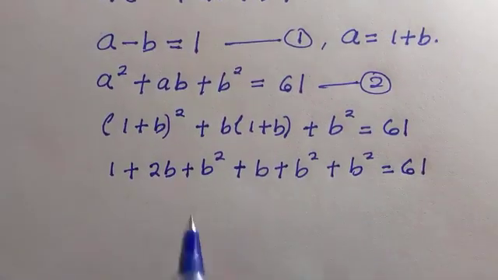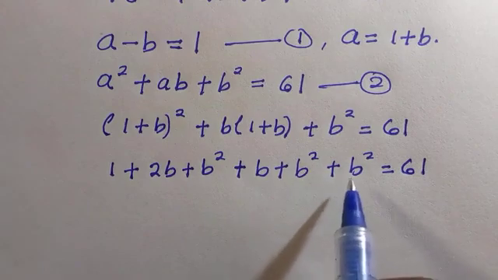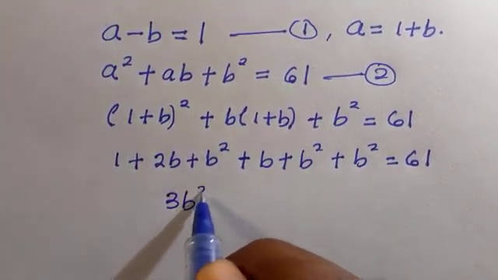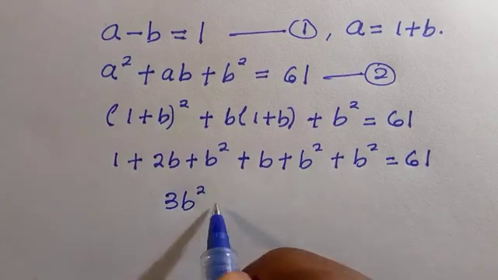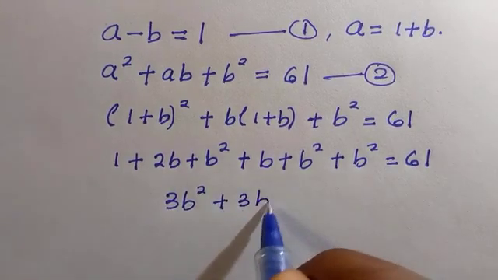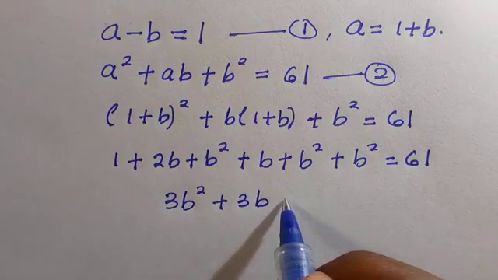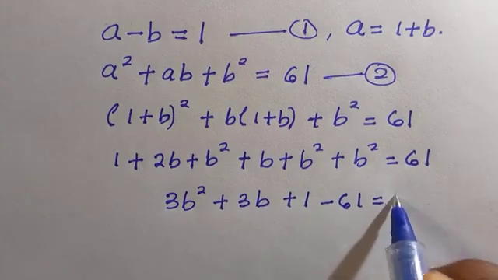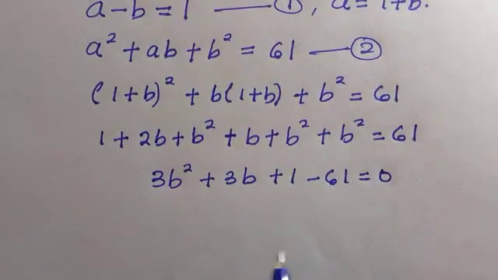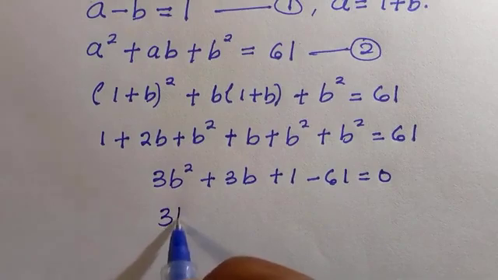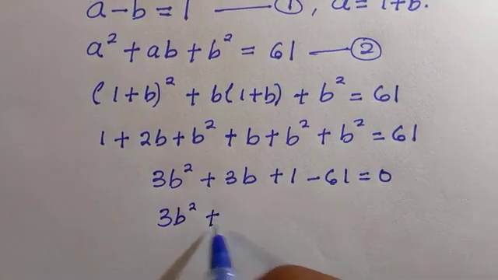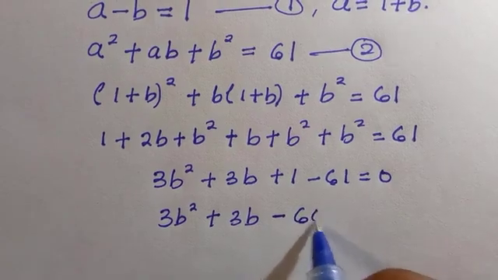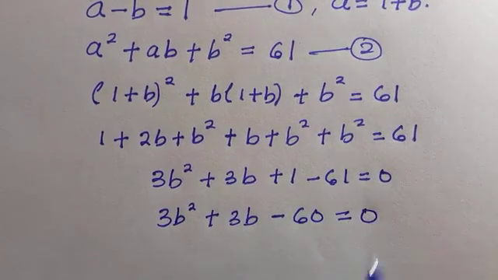Then we have b square three times. Adding all this together, it becomes 3b square, and this plus this is 3b, while we have plus 1. If I transfer 61 here, it becomes 3b square plus 3b minus 60 equals 0.